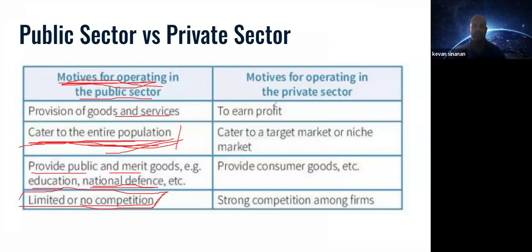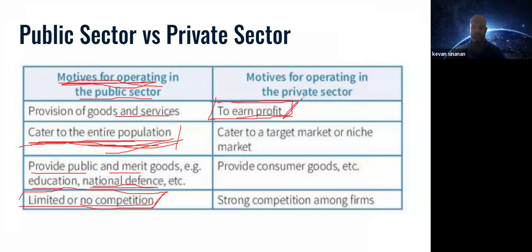Now, on the right-hand side, we have motives of operating in the private sector. The first one, once again, is to earn a profit.